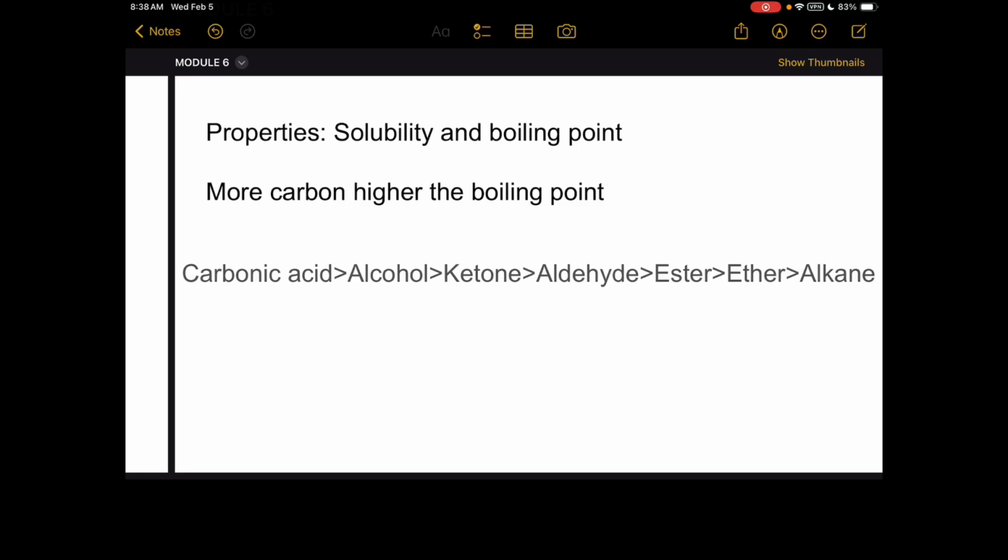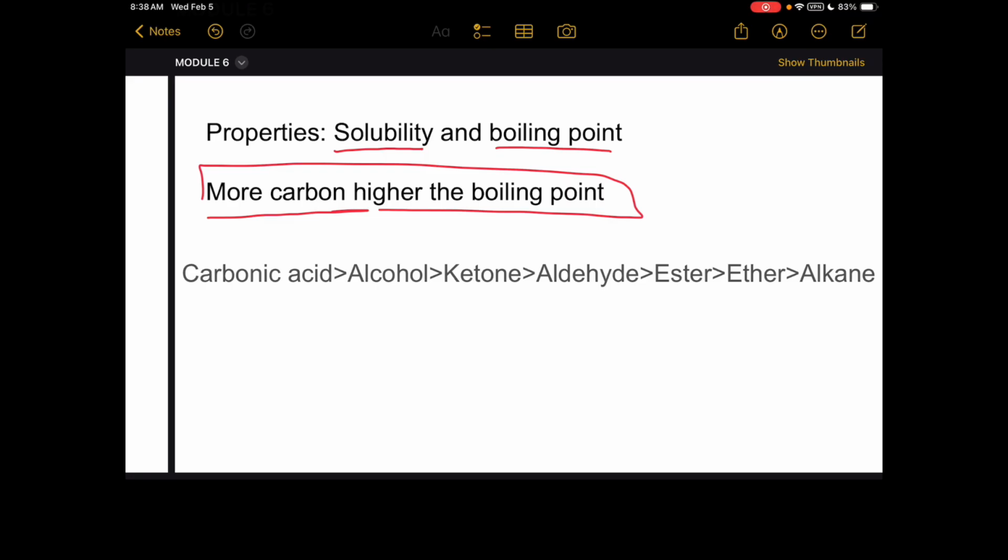With all of those compounds, we are comparing their solubility and boiling point. When it comes to the boiling point or solubility, the more carbon you have, the higher the boiling point is. I'm going to give you this list so you can compare solubility and boiling point, both of them.